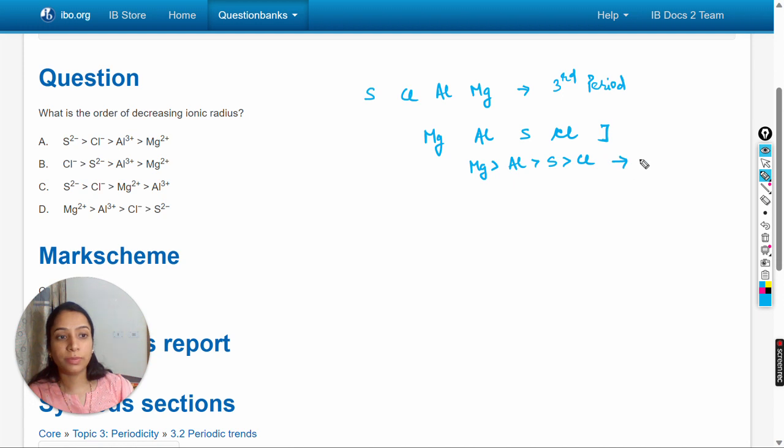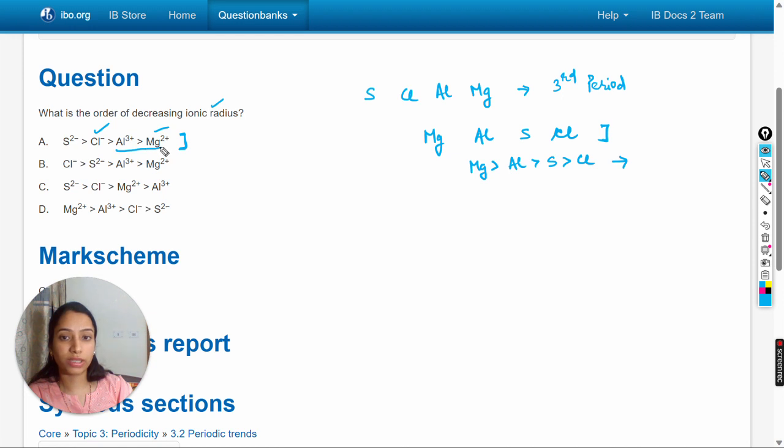Then this will be the trend. But here we have to find the ionic radius of these ions, because here some anions are given and some cations are given.